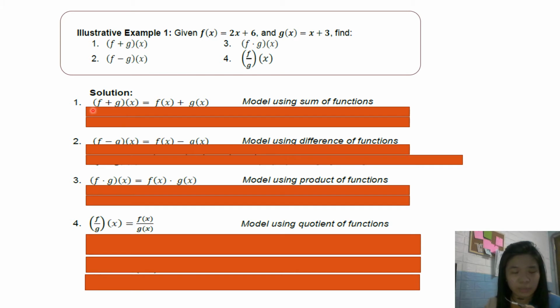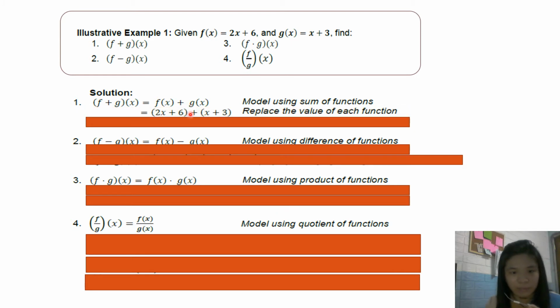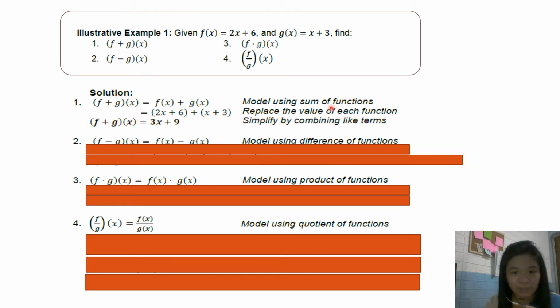So first, we have f plus g of x, which is also equal to f of x plus g of x, sabi ko nga kanina. All we have to do is substitute the values of f of x and g of x. So we have 2x plus 6 plus x plus 3. G of x is x plus 3, f of x is 2x plus 6. We just replace the value of each function, and then we simplify.